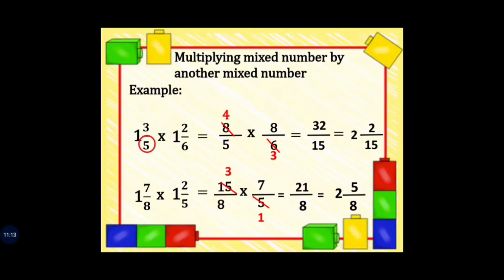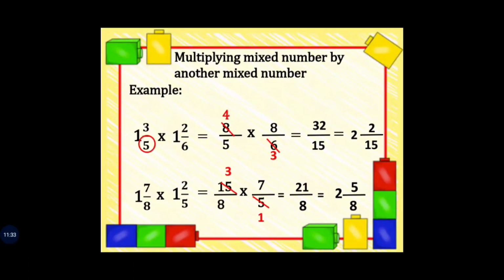So, ang gagawin lang po natin, if we are going to multiply a mixed number by another mixed number, we are going to change first the mixed numbers into improper fractions. Pagkatapos natin na i-change sa improper fraction, pwede na tayo mag-multiply.